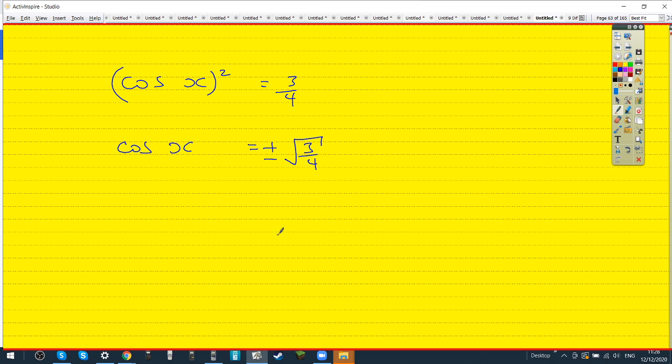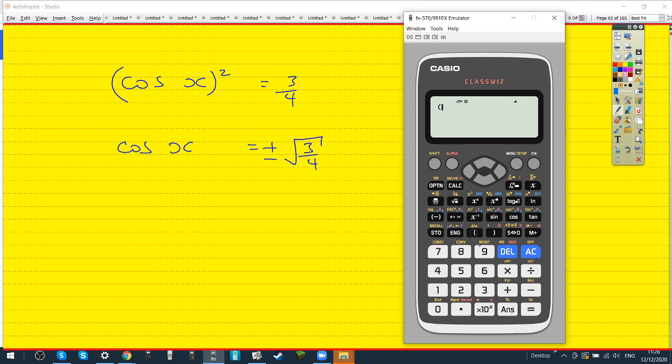It's two of them, because the negative root squared also gives you 3/4.